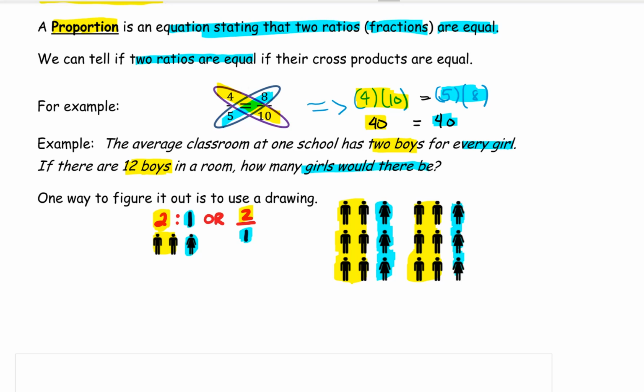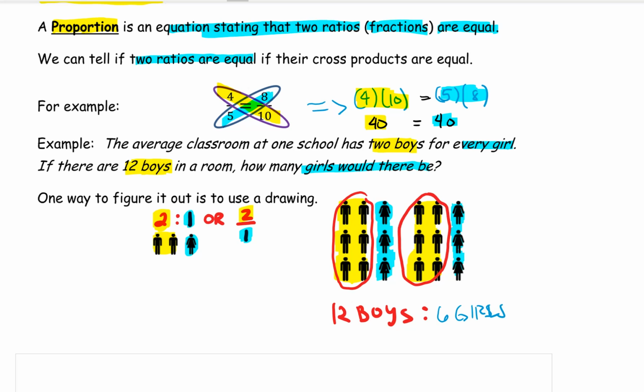So now you have in total, for the boys, 12 boys is to, if I count my number of girls, 1, 2, 3, 4, 5, 6. So 6 girls.